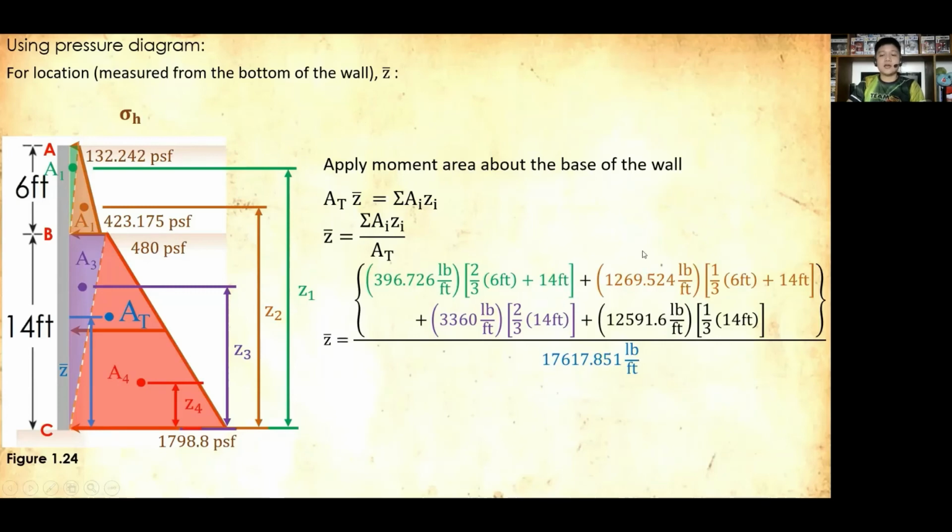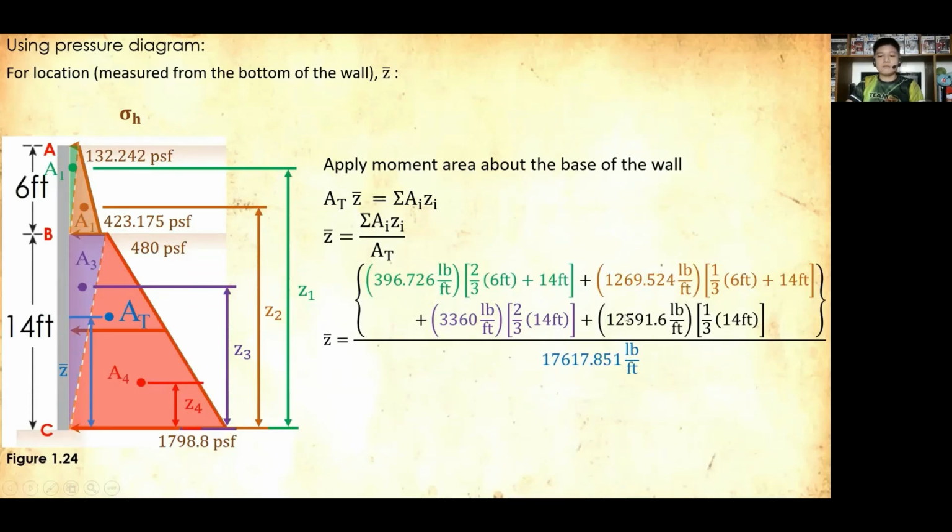So plus the area of the second triangle, 1,269.524 pounds per foot. So times for the moment arm, we have now 1/3 of the height, which is 6 feet, then plus the remaining distance towards now the reference point at the base, 14 feet. So plus, for the purple triangle, we have now the area 3,360 pounds per foot. Multiply that with the lever arm, which is 2/3 of the height, which is 14.